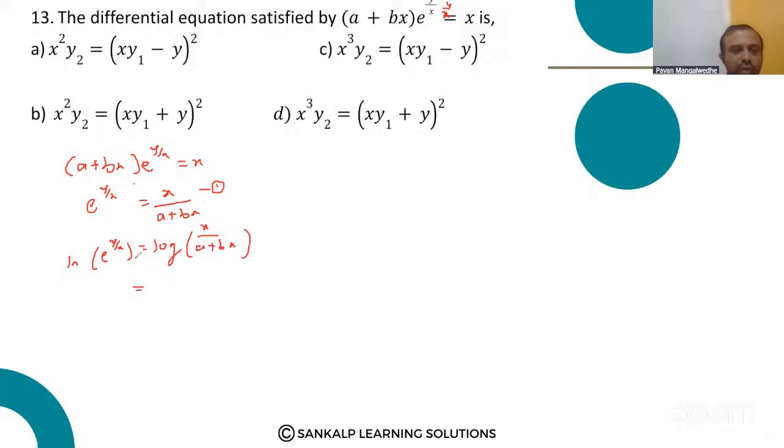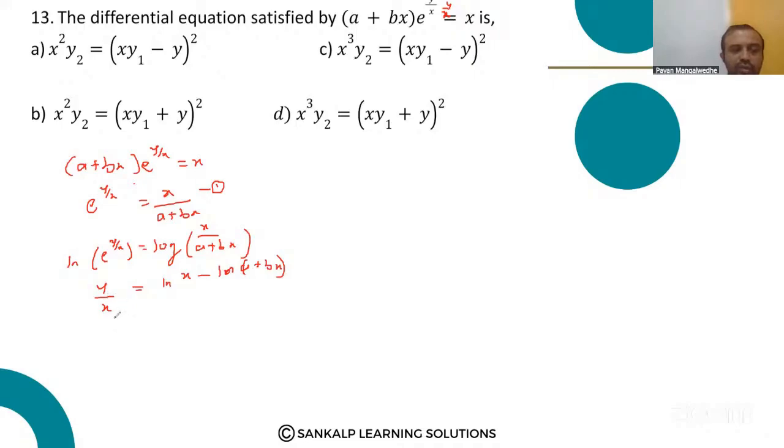Log of a by b is what? It is log of a minus log of b. So that is nothing but log of x minus log of a plus bx. Okay. So this is y by x.